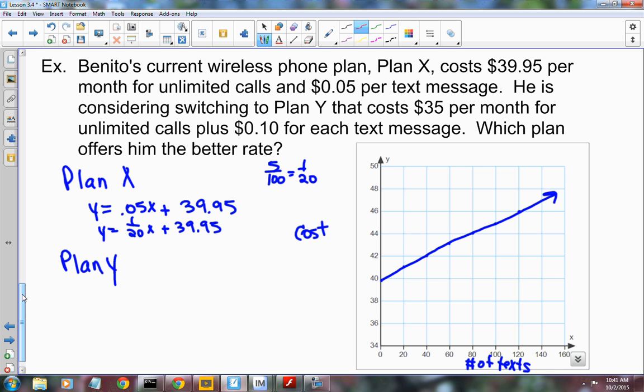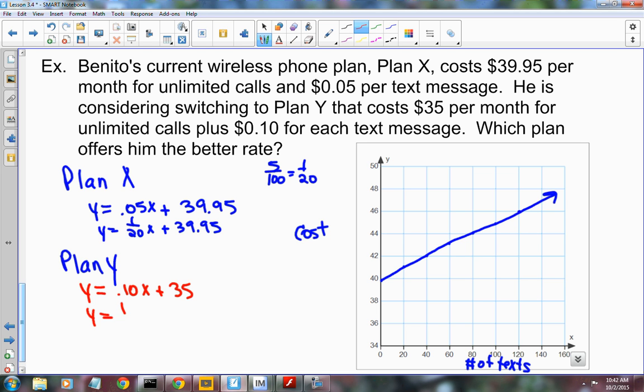Now I want to look at plan Y. What would be my equation for that one? It is $35 a month for unlimited calls plus 10 cents a text message. 0.10x plus 35, right? Okay, now I need to change this to a fraction. What's 10 cents as a fraction? 1/10.